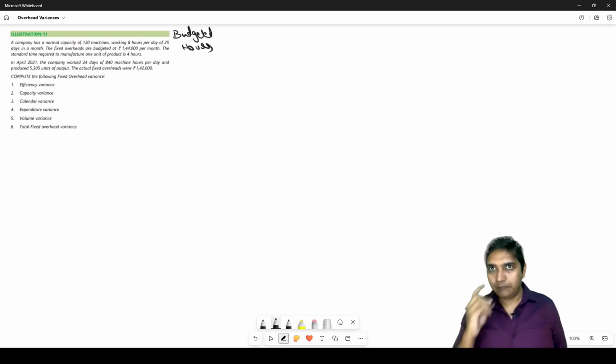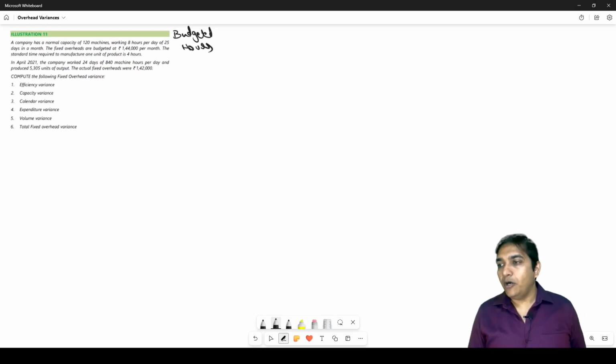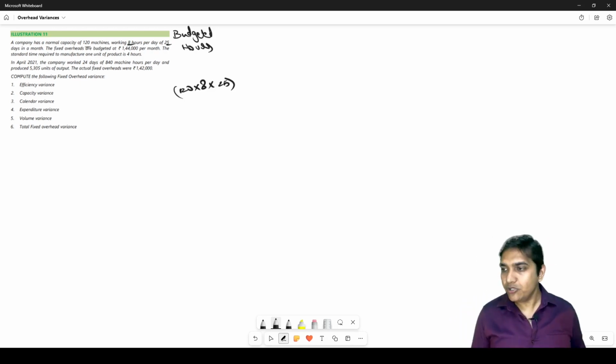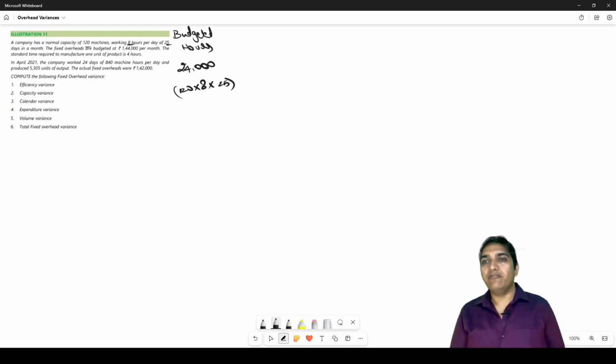How do we calculate that? The question says we have got 120 machines working 8 hours per day for 25 days in a month. So we'll take 120 into 8 into 25. This comes to 24,000.